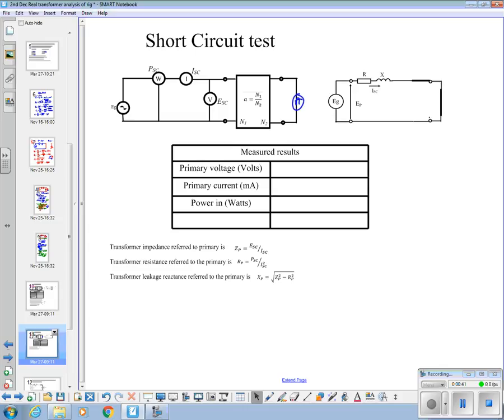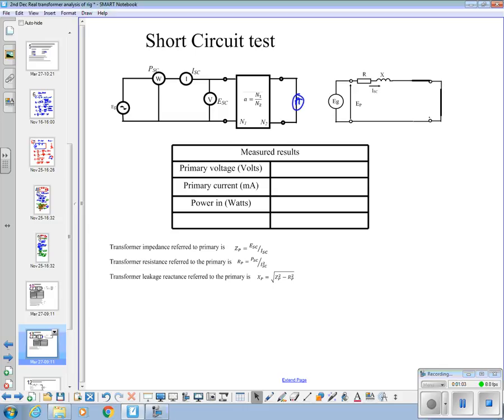We're going to take primary voltage, primary current and power in watts, and then you'll come back over here and carry out the analysis and develop a model of this transformer under load, with a load referred to the primary side.